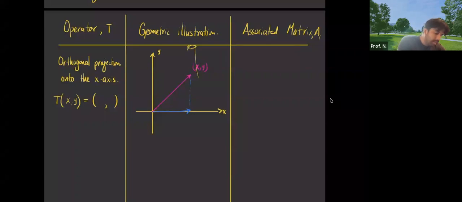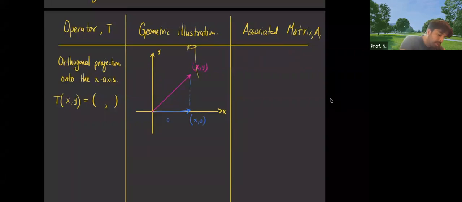So if this is x comma y, I'm projecting it onto the x-axis. So my y value is no longer y, it's 0. And the x coordinate is exactly the same x coordinate as my original vector. So this will have the coordinate x comma 0. And this would be the orthogonal projection.